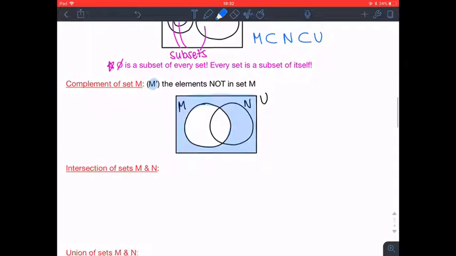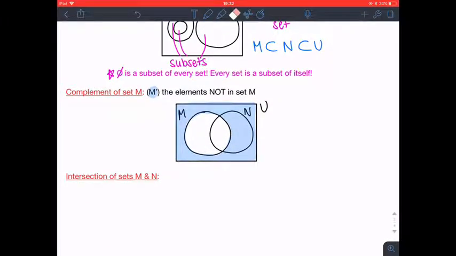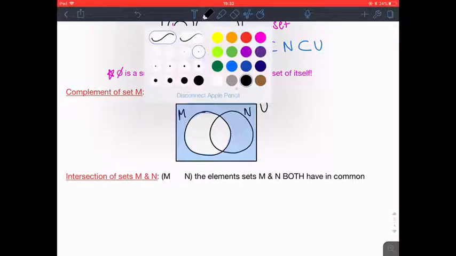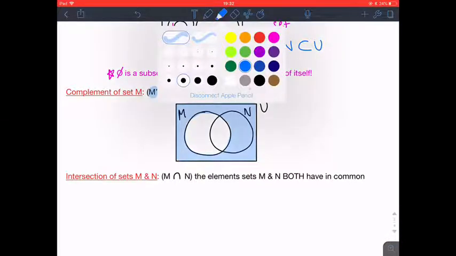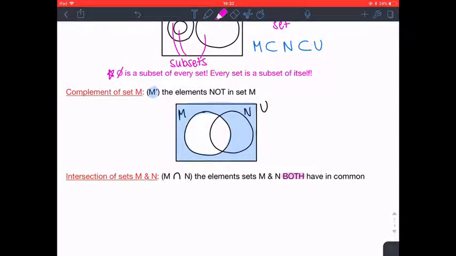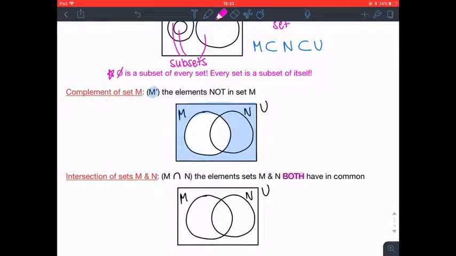Okay. The intersection of two sets, which looks like an upside down U, are all of the elements that both sets, or all of the sets you're talking about, have in common. So let's look at our example right here. I'm going to highlight set M in blue, so everything in set M in blue.